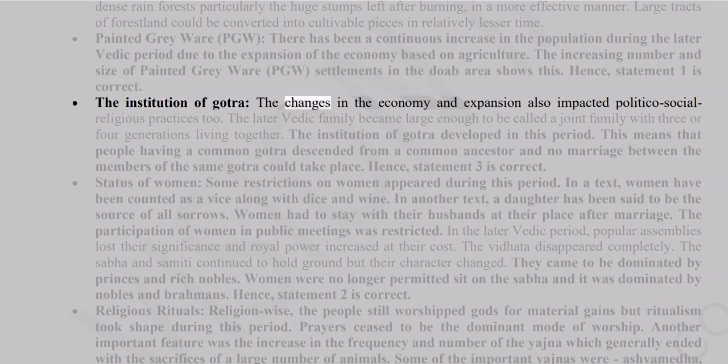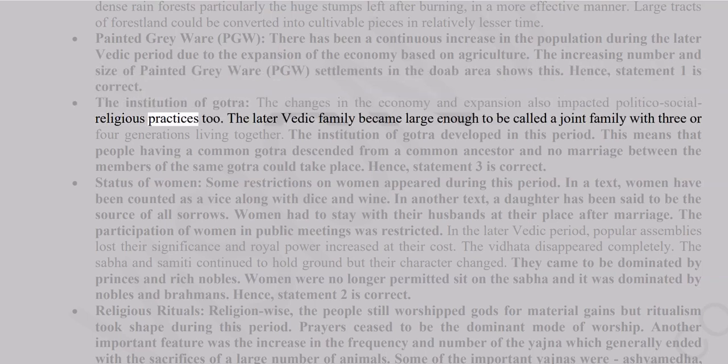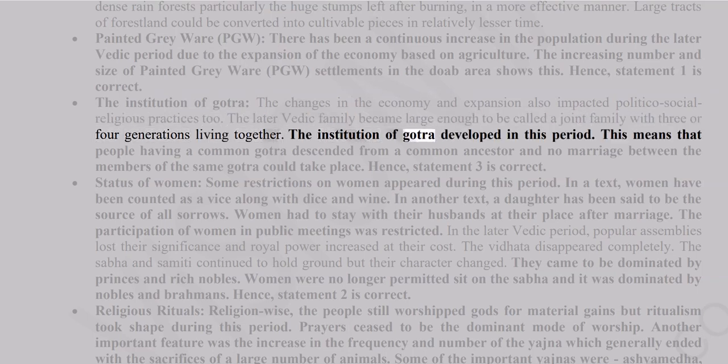The institution of Gotra, the changes in the economy and expansion also impacted politico-social religious practices too. The later Vedic family became large enough to be called a joint family with 3 or 4 generations living together. The institution of Gotra developed in this period.